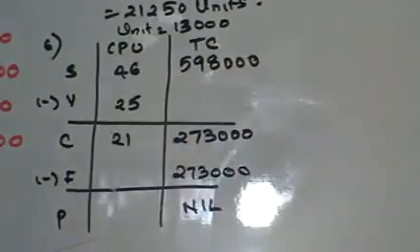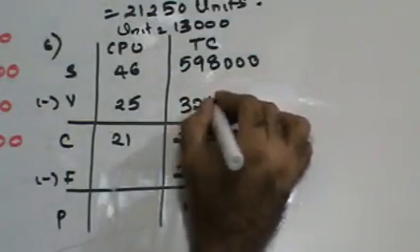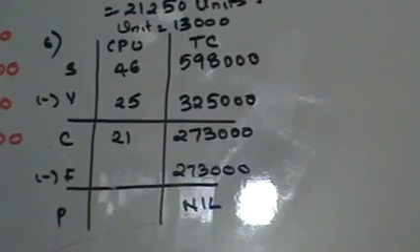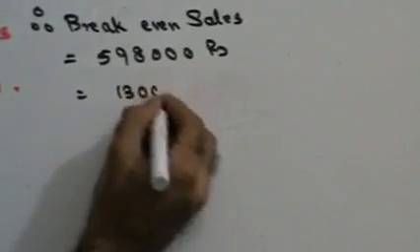Someone please get me the variable cost also. 3,25,000. Therefore, I can say that the break-even sales is going to be 5,98,000 rupees, or it is going to be 13,000 units.